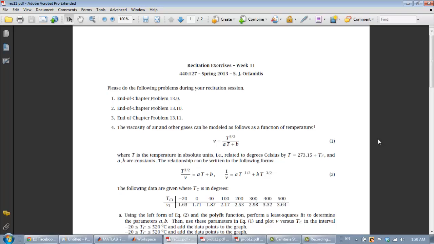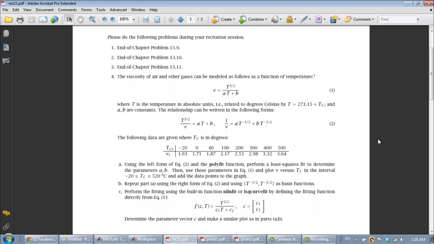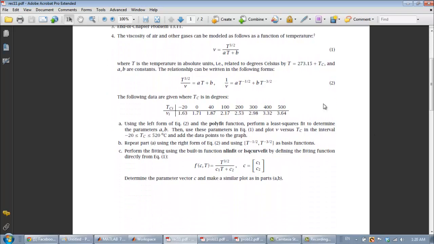Okay, so the first problem here is we have some viscosity of air, some great flavor text that Sophocles loves to throw at you, and we have several equations. Okay, so he gives us this, this, and this. And the first part wants us to polyfit this function.